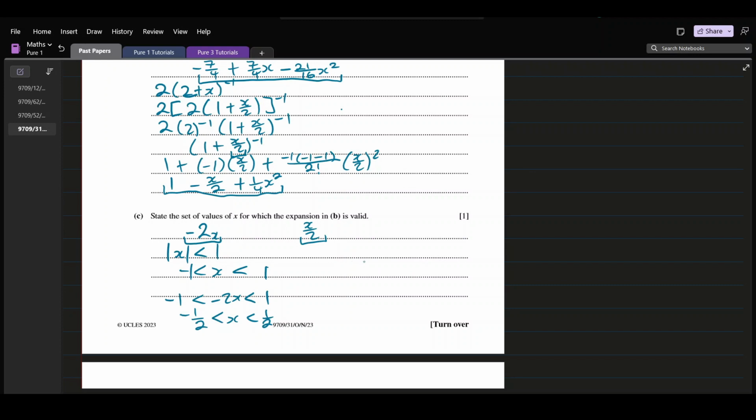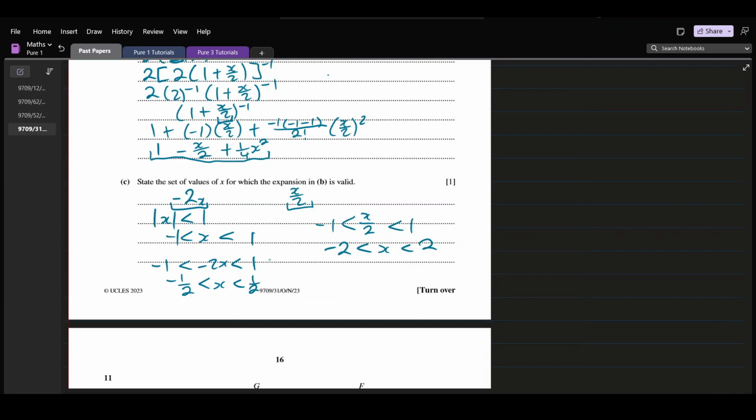And then if we do the same for x over 2, that's between negative 1 and 1. Multiply through by 2 to make x the subject of the inequality. So that would end up with negative 2 less than x less than positive 2. Okay, so now that means we have two solutions.